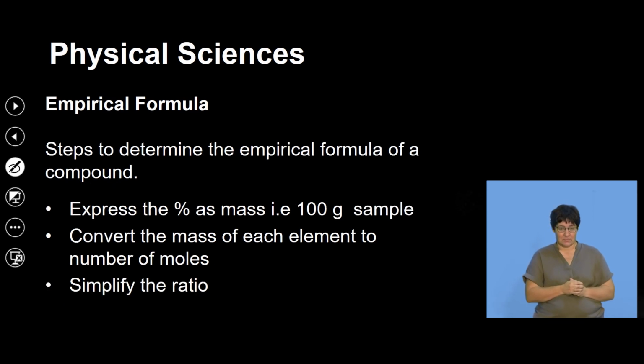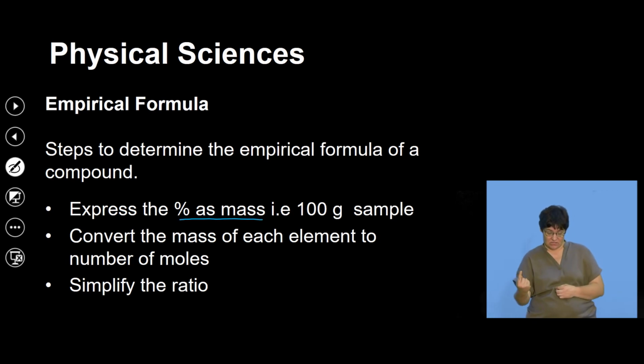And then what are the steps that we have to go through in determining the empirical formula? Okay, first of all, express the percentages of each element in terms of a 100-gram sample. So for argument's sake, if a substance is 35%, it means for every 100-gram sample, that element contributes a mass of 35 grams.